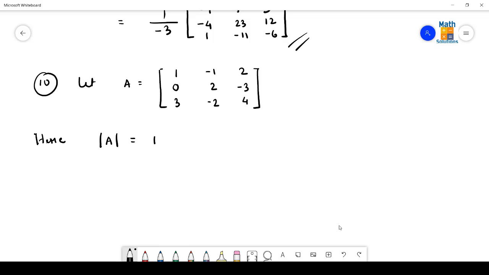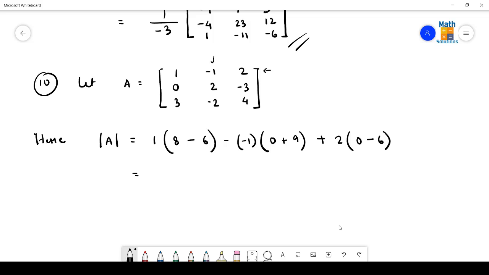So expanding along the first row, I get 4 minus 6, which is 2 here, followed by minus of minus 1. Then the row and the column of this element I have to delete. Whatever elements are left, I have to consider the determinant expansion, 0 minus 9, plus I have to put here 2, then 0 minus 6.